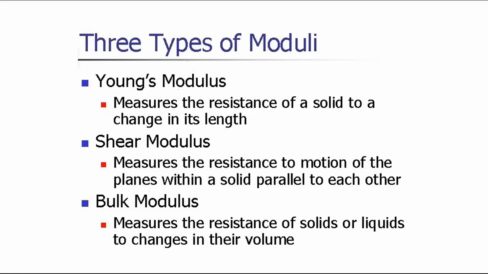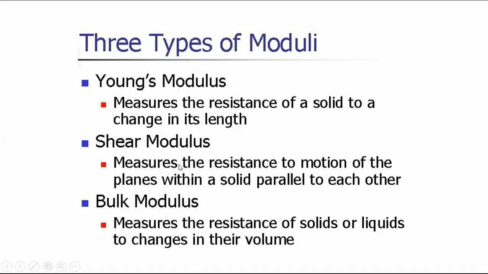Now look here. What are the different types of modulus which we are going to discuss? First is the Young's modulus. It measures the resistance of a solid to a change in its length, that means in the longitudinal direction.